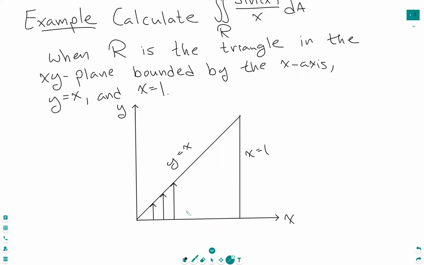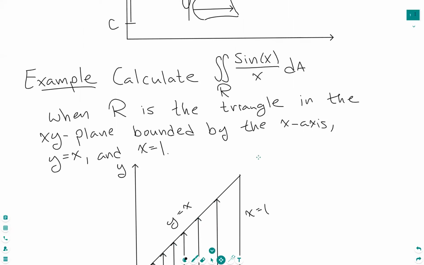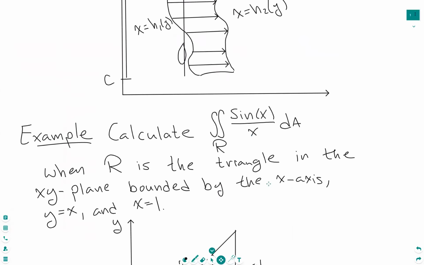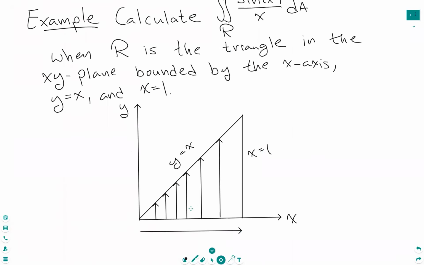I'm adding up all of these traces, starting from the bottom of the triangle up to the top. This is perfectly fine. And then I can go in this direction and add up all those traces. This is exactly what we said was a type 1. We're drawing these vertical lines, and then we add up all the traces starting at x equals a over to x equals b. I've included everything in my region.